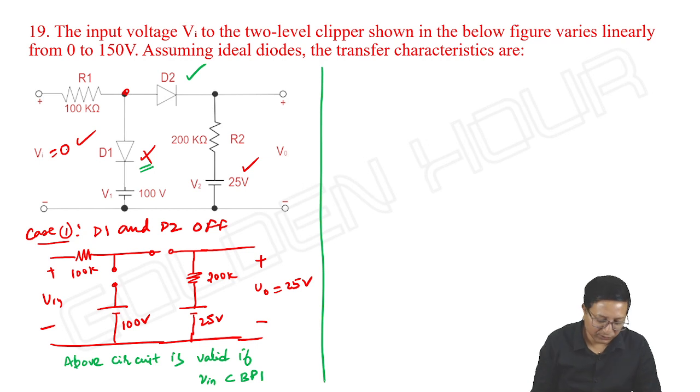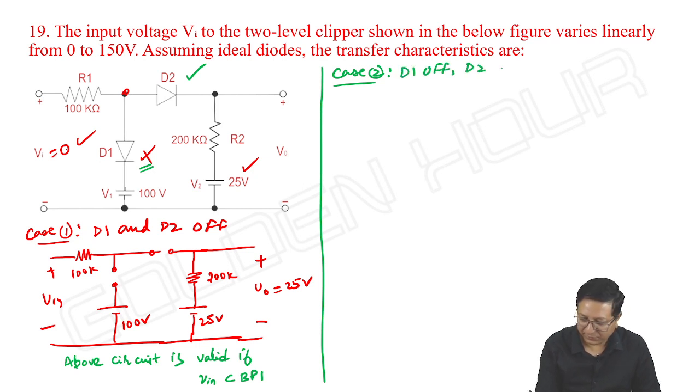So, case 2. D1 is still off and D2 conducts.